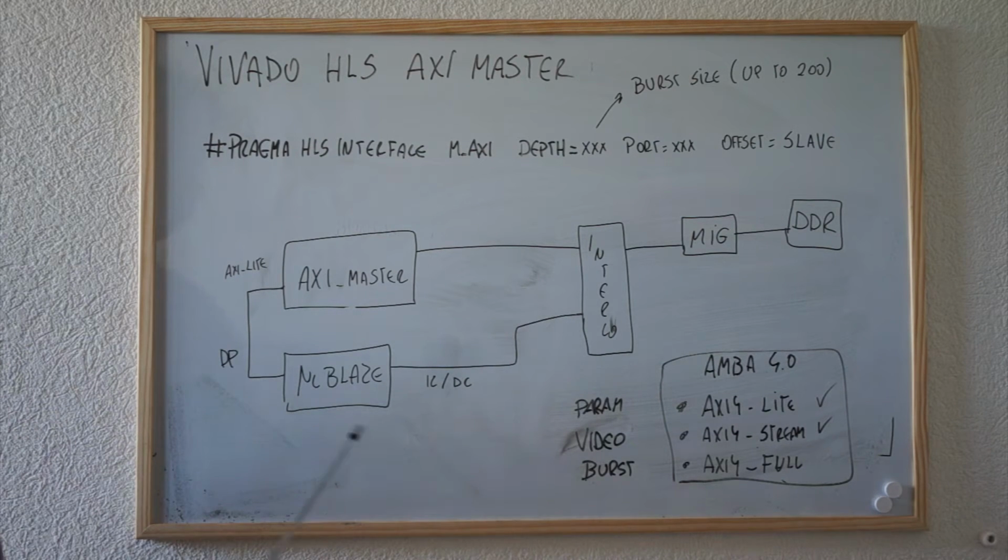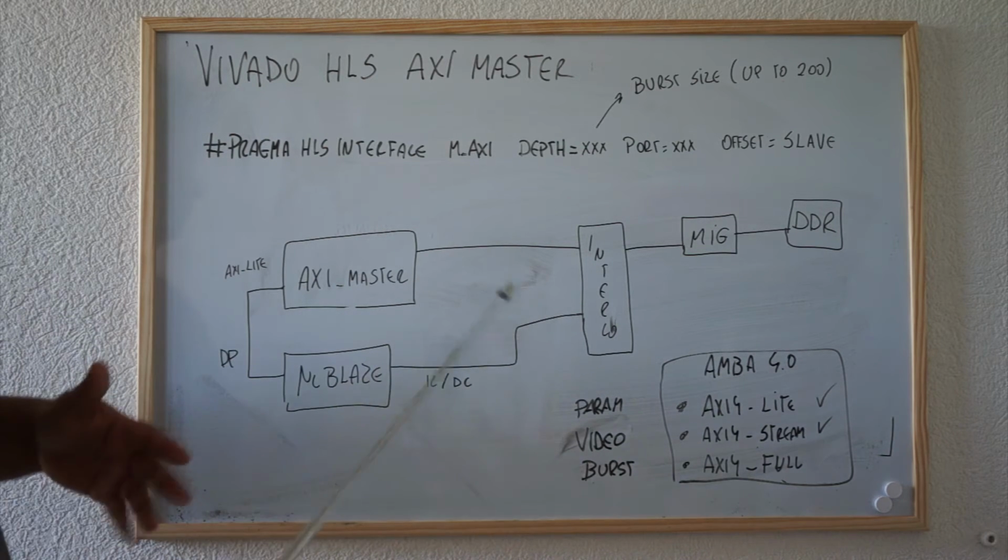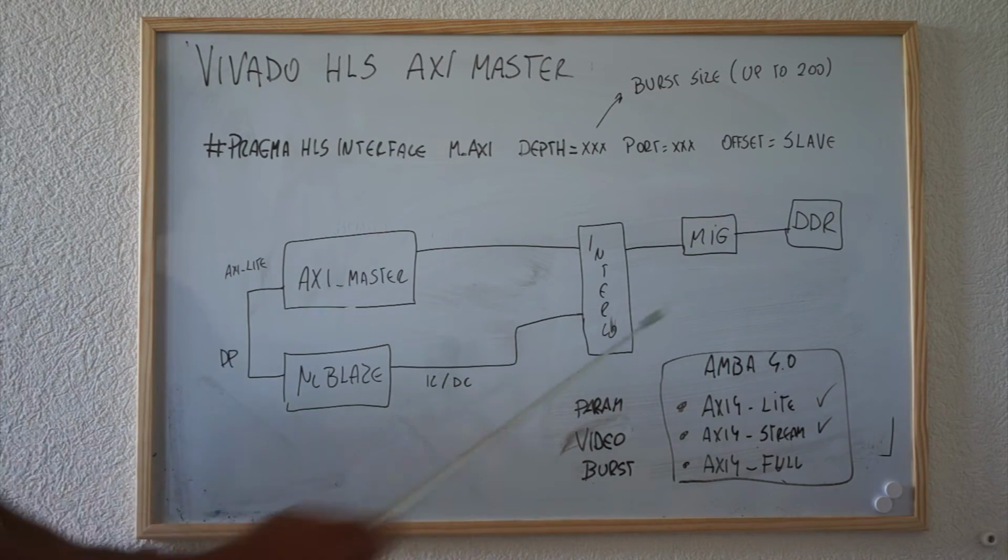For instance, imagine that you create here an AXI master block that is going to work as a memset. It's just going to initialize a large amount of memory, and you want, for instance, that this block initializes some addresses in the DDR.